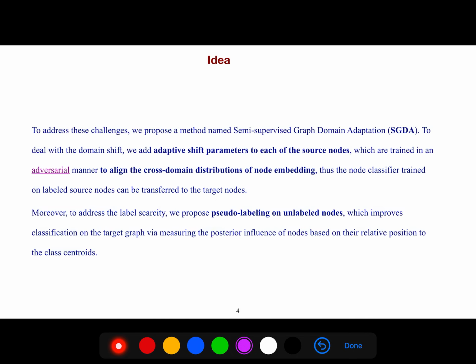Thus, the node classifier trained on labeled source nodes can be transferred to the target nodes. To address the label scarcity, we propose pseudo-labeling on unlabeled nodes, which improves classification on the target graphs via measuring the posterior influence of nodes based on their relative position to the class centroids.